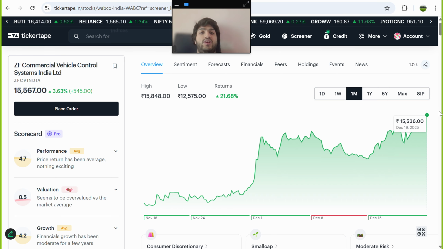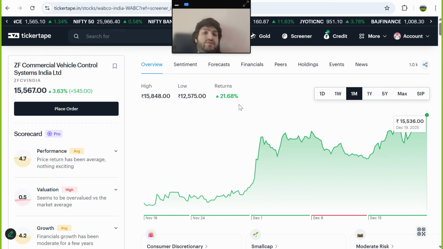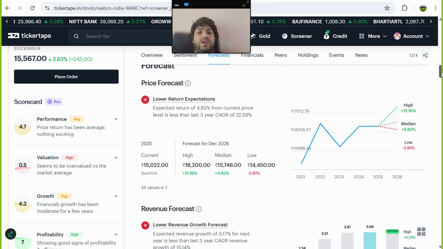So in 1 month, it has given a return of 21.68%. So that is how you calculate the returns.